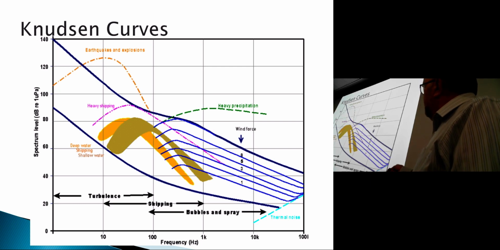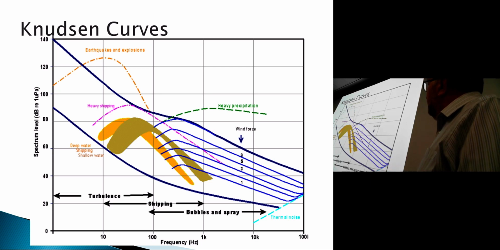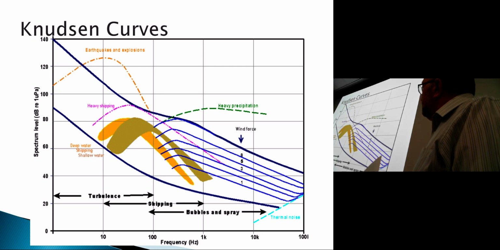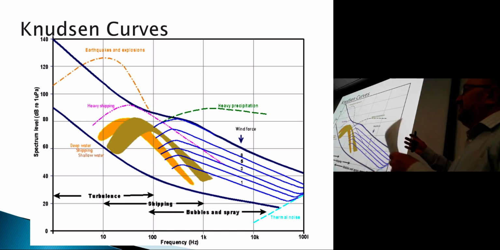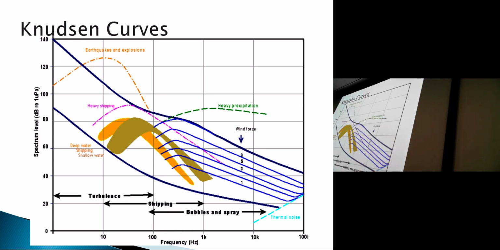So what this is showing here, for example, is that different sea states, shown in blue, will give you higher noise levels in the water, up to gale force 8, at higher frequencies, whereas turbulence at lower frequencies. It's just a graph that puts everything together in one place. I'm not going to try and break it all up. Earthquakes have high noise levels, but down at these frequencies, really low frequencies.